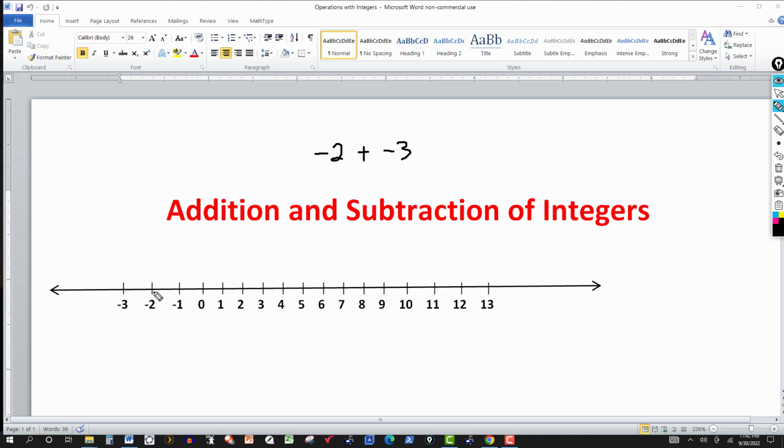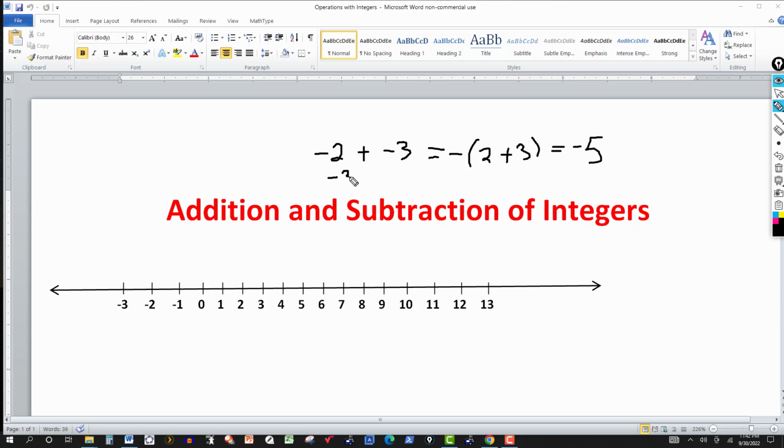I start with -2, and then I add -3 to that. So that moves me 3 units to the left. Let me do it this way so you can see what's happening. I'm going to write this as a minus and then parentheses 2 plus 3. 2 add 3 gives me 5, so this is -5. Add a -2 and a -3, I get -5.